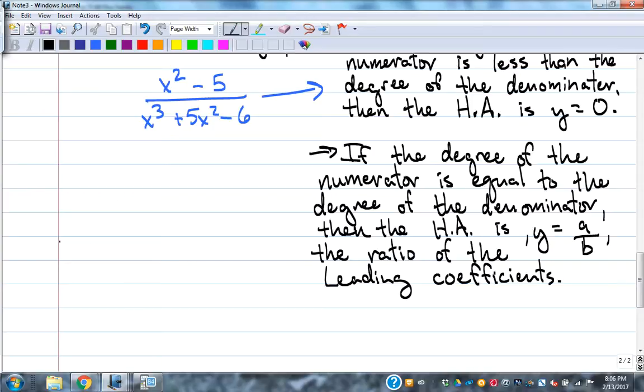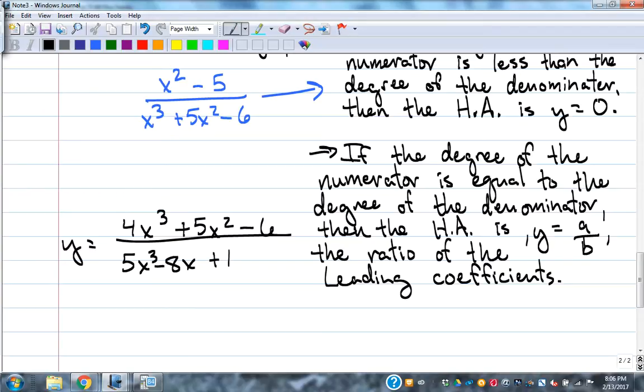So if you had y equals 4x to the third plus 5x squared minus 6 over 5x to the third minus 8x plus 13. Just making it up here.